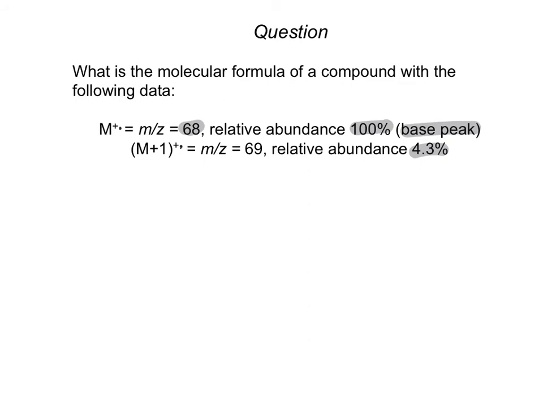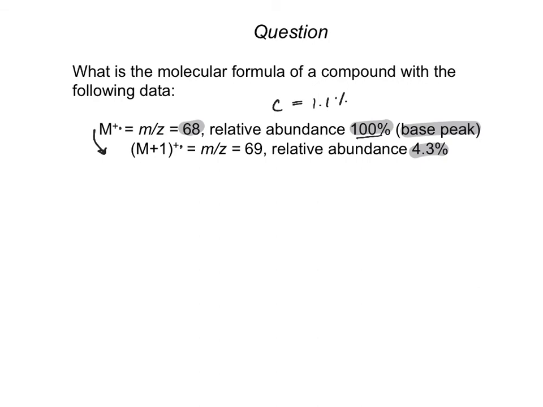Okay, so to start this, again, for every 1 carbon, we're going to see an M plus 1 peak of 1.1% of the molecular ion peak. The last one we had to deal with was the fact that our molecular ion peak was not the base peak, so we had to figure out the ratio of the M plus 1 to the molecular ion peak.